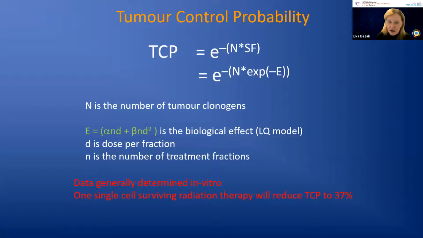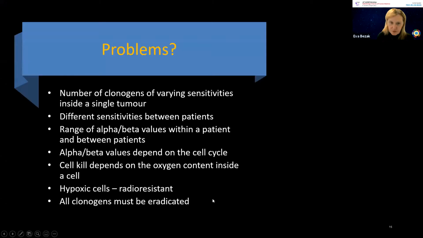As a result, the objective of any radiation therapy is to eradicate all cancer cells. In real life, this is not exactly true because we have other effects like a response of the immune system or bystander effects that can actually kill or eradicate any remnant cancer cells.